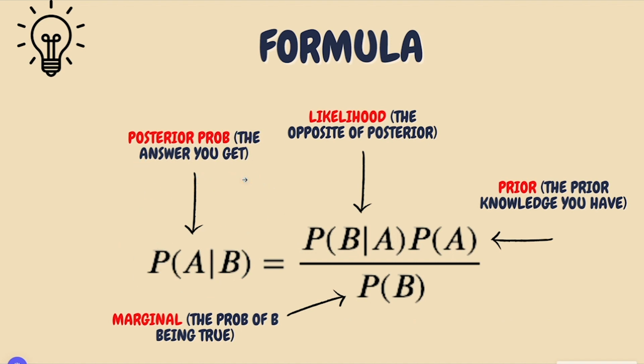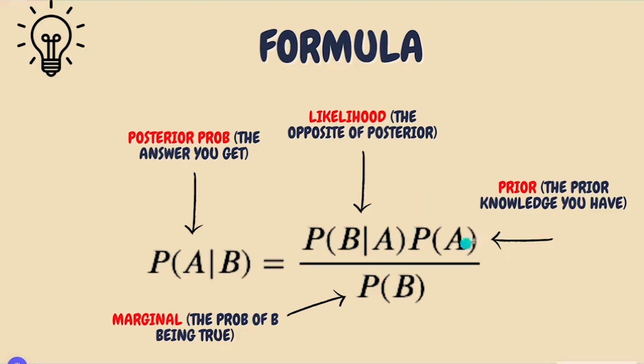I always remember this because it's the answer you get back, and posterior means the back, set equal to the likelihood, which is just the opposite of the posterior probability. So the posterior probability is the probability of A given B, and the likelihood is the probability of B given A. So we see that this is the opposite of the posterior.